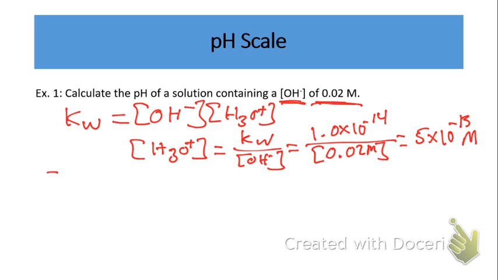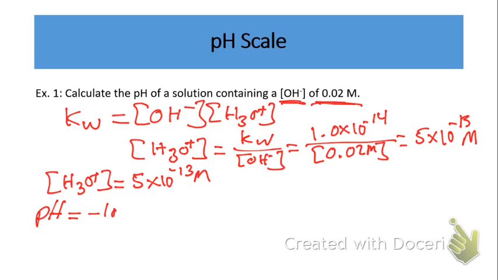So H plus, or the hydronium ion concentration, is 5 times 10 to the minus 13 molar for this particular solution. So now we have what we need in order to solve for pH. The pH scale is equal to the negative log of the hydronium ion concentration.